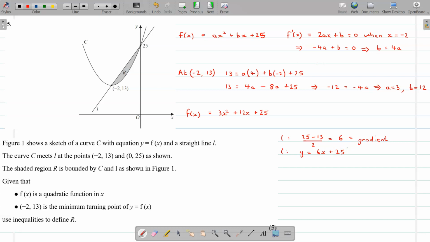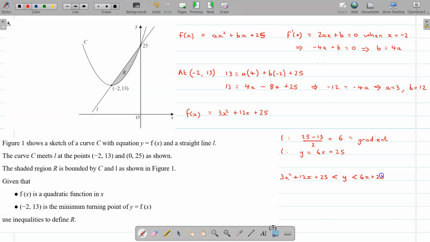Okay. So what I've got to do now is define that region using inequalities. So basically the curve, which is 3x squared plus 12x plus 25, is below y, which is also below 6x plus 25.